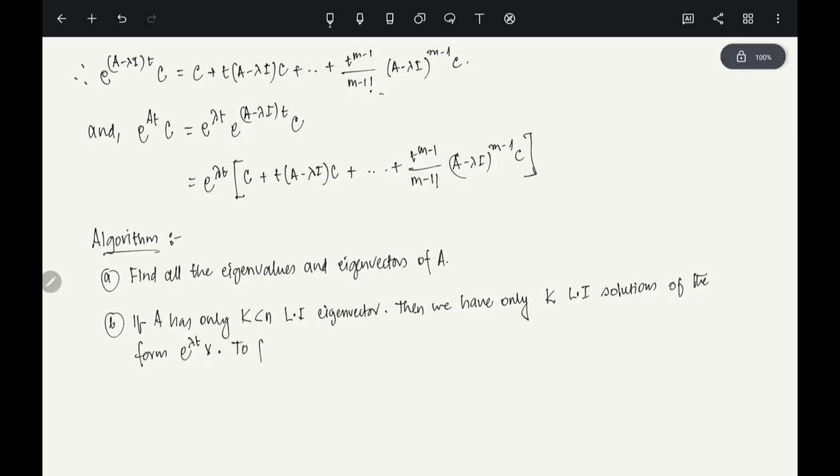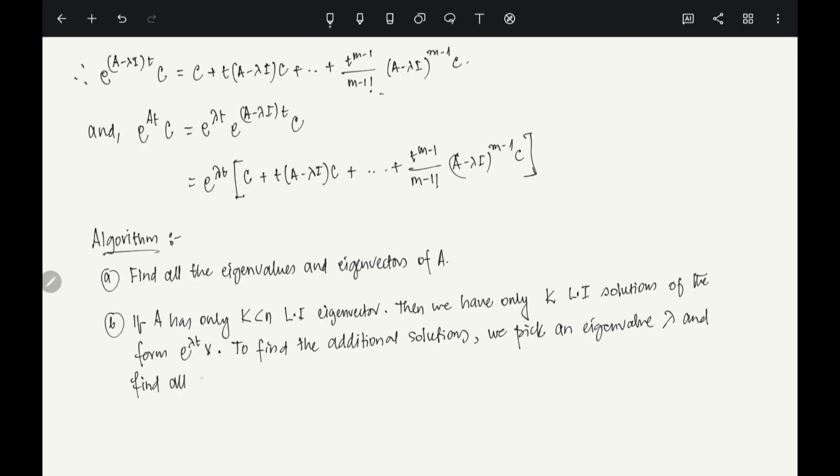To find the additional solutions, what we do is this: we pick an eigenvalue lambda, and find all vectors v for which (A minus lambda I) squared v is going to be 0.